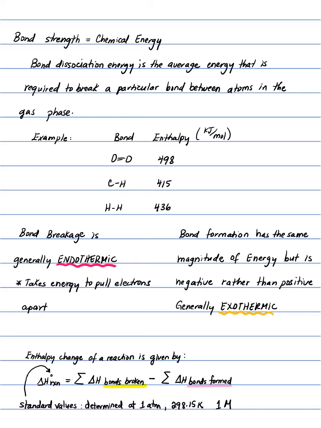Now, when we're looking at a chemical reaction, you have your reactants and your products. The initial, it's your reactants, right? That's what you're starting the reaction with. So every single chemical bond in your reactants has an amount of chemical energy associated to it.